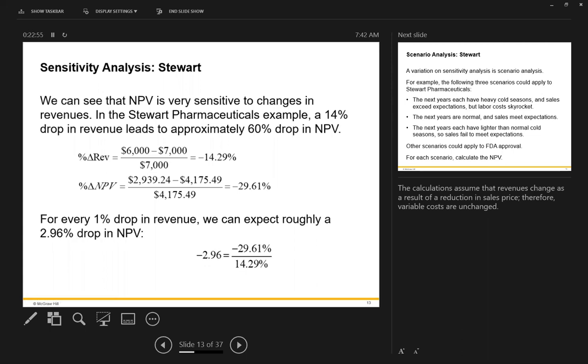We can see that our NPV is very sensitive to changes in revenues. Now, how can we do that? In the Stewart Pharmaceutical example, a 14% drop in revenue leads to approximately a 60% drop in net present value.